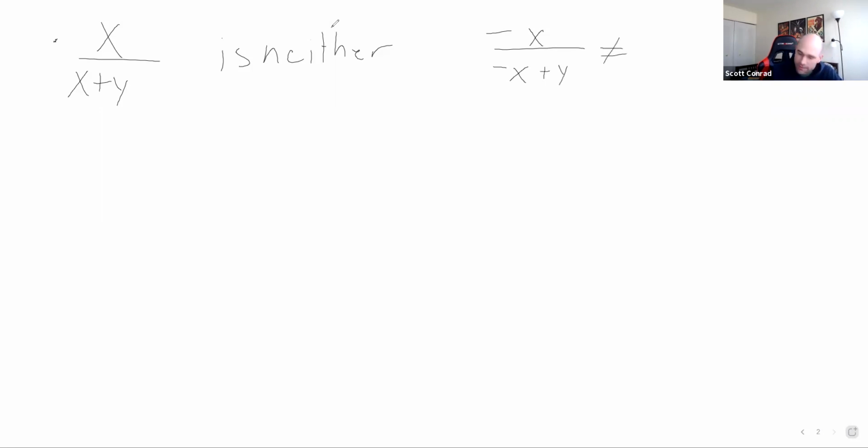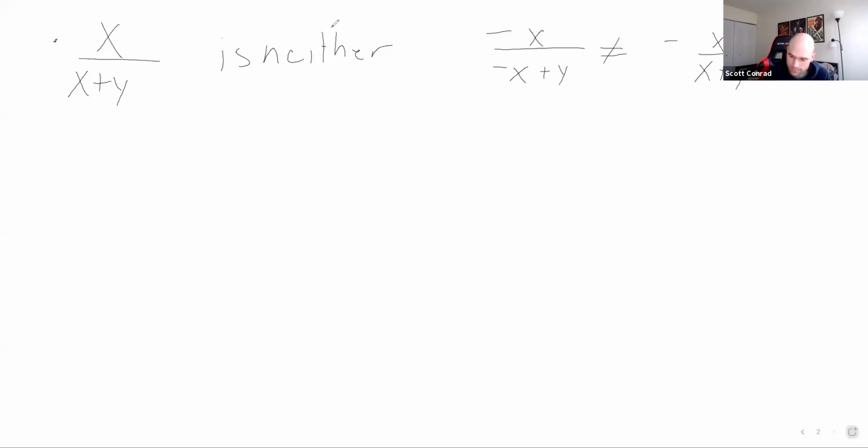Okay, and so for instance, x over x plus y is going to be neither x odd nor y odd, right? If we change x to negative x, we don't get negative the original function. We almost do, but on the bottom, we get negative x plus y instead of x plus y.